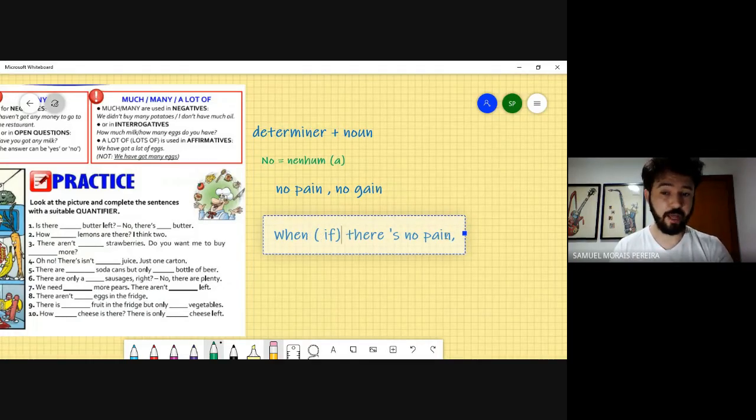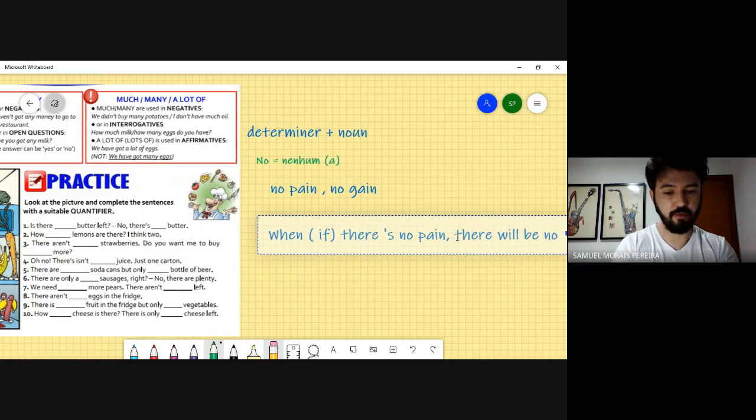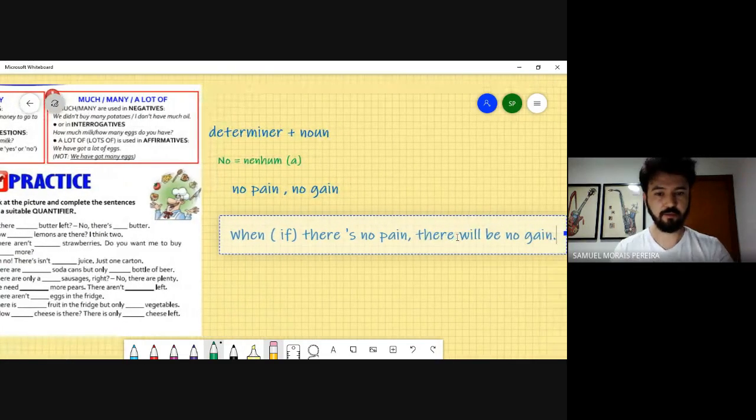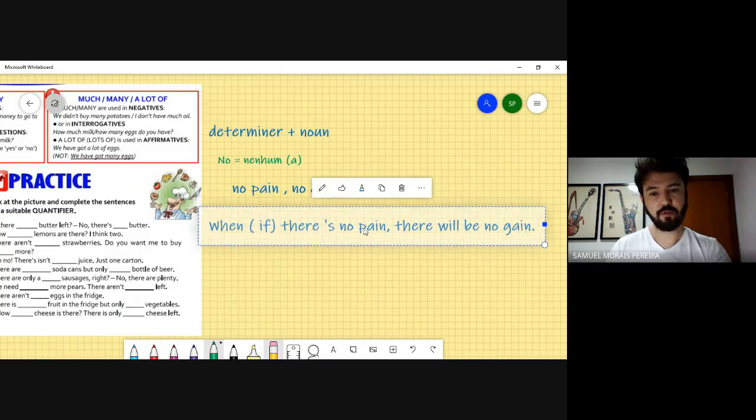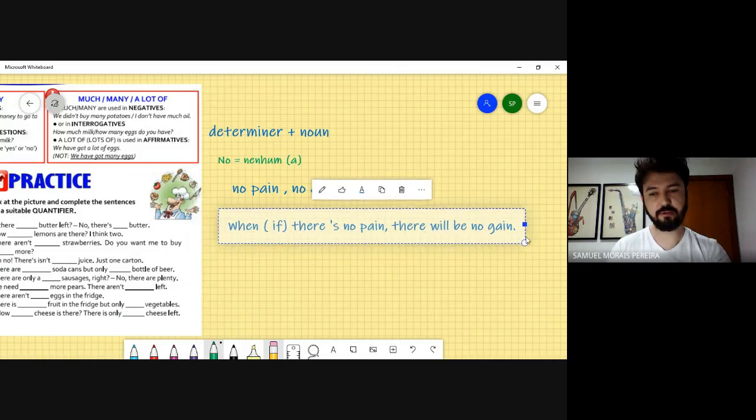If there is no pain, there will be no gain. Aí eles pegam só essa parte, no pain, no gain. The sentence is, se não houver dor, não haverá ganho, né? Fazendo referência à importância de se realmente machucar o músculo, né? Para que ele cresça, tá bom?